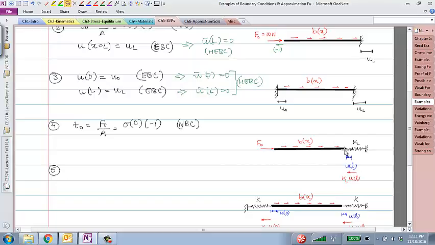This pushback force due to the spring acting on the bar is pointing to the left. Therefore, the sign of traction corresponding to this would be negative, which means that the way that I would write this condition would be traction at L is equal to, let me just follow this notation, minus KL times UL divided by A, the area of cross section, and by definition it would be equal to sigma L acting on the normal at L, sigma plus 1.